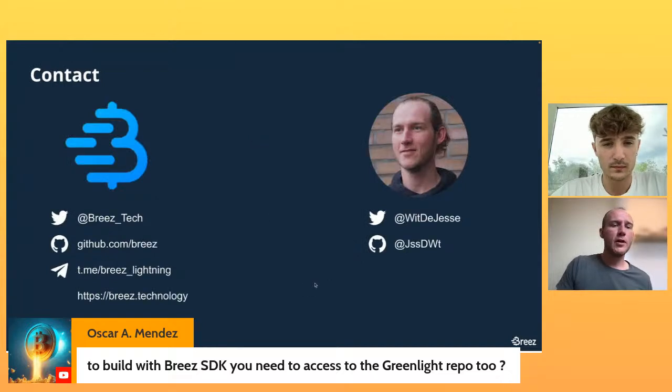But what you do need is a Greenlight invite code. So if you want to work with these Greenlight nodes, then you need to contact Blockstream or Breez to get an invite code for Greenlight, and you need an API key in order to use Breez's LSP services. So that's what you currently need.